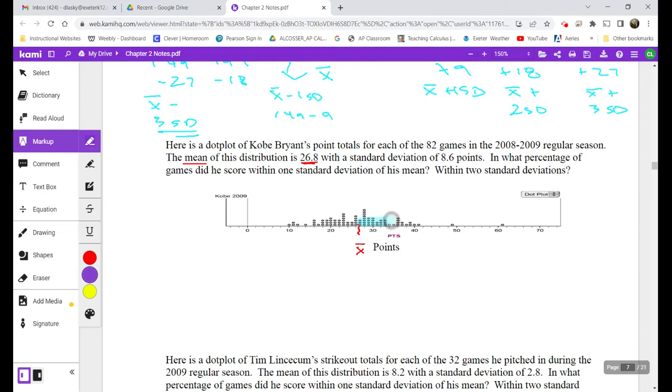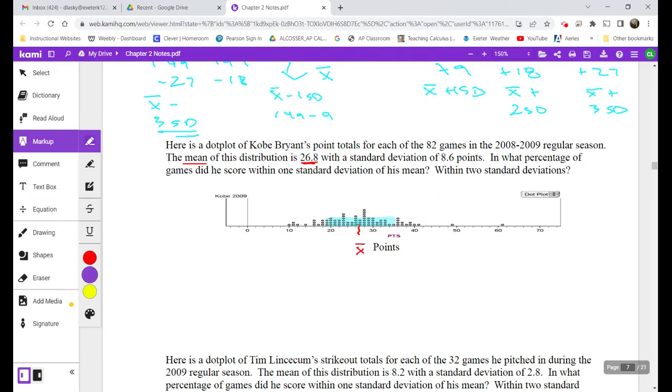Let's stop it right about there. That's 1 standard deviation away. And so if I subtract, that's 26 minus 8, so that's 18.2, which is going to be right about here.